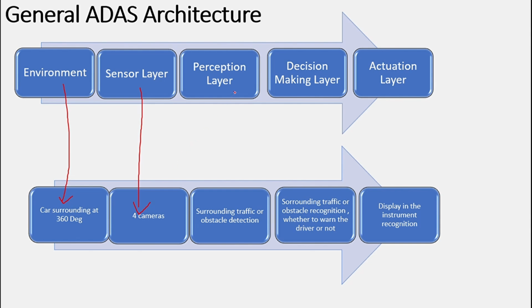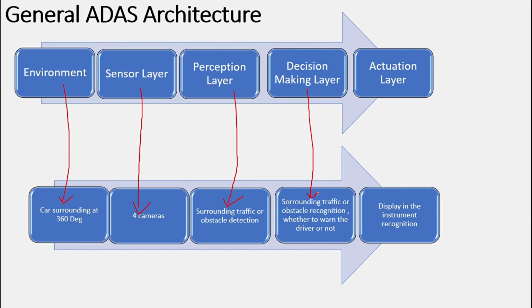Now, what is this perception layer? Perception layer is the layer which detects the surrounding traffic and obstacle detection. And what is the decision making layer? It is the decision making layer which makes sure whether it has to inform the driver or not.